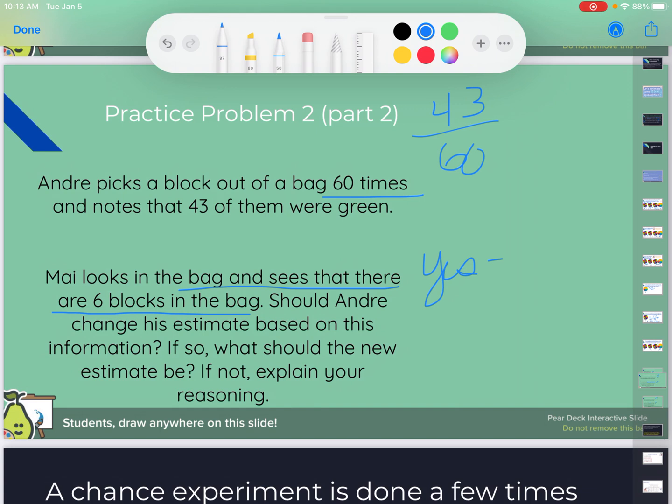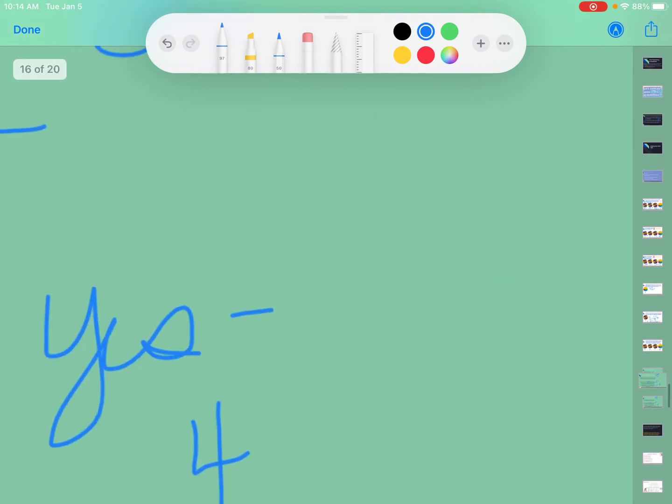He should change it to there are 6 blocks, right? And he knows that 43 times out of 60, he got a green block. So that means it's about 4 out of 6 times that it's going to be a green block. So what should the new estimate be? 4/6. So why should he change it? There were only 6 blocks in the bag.